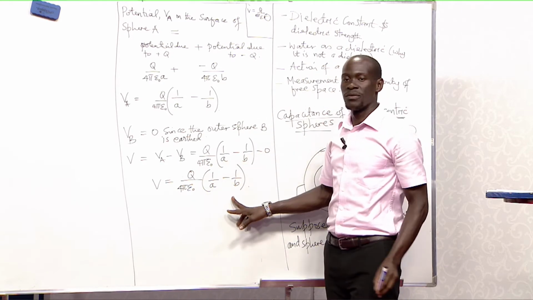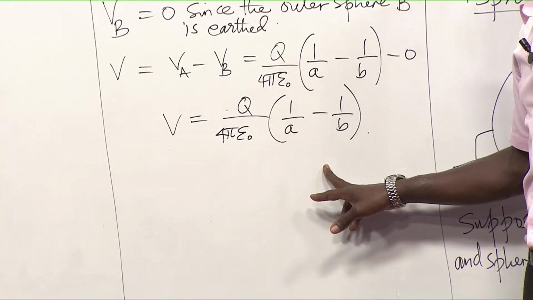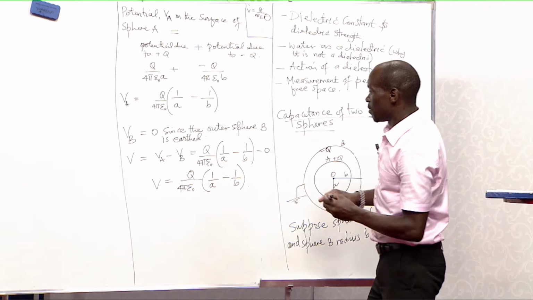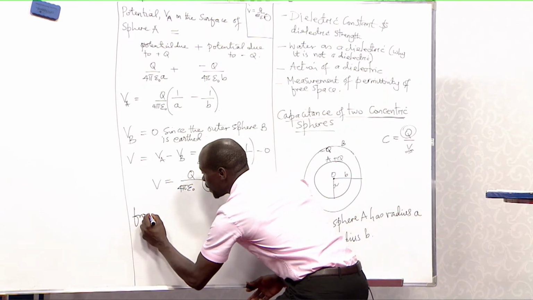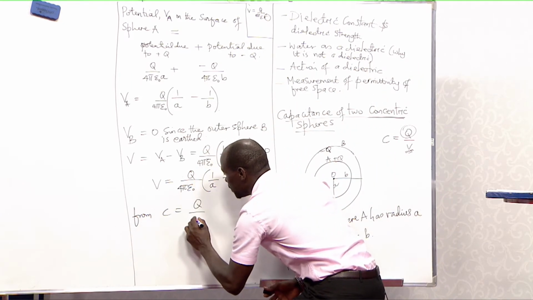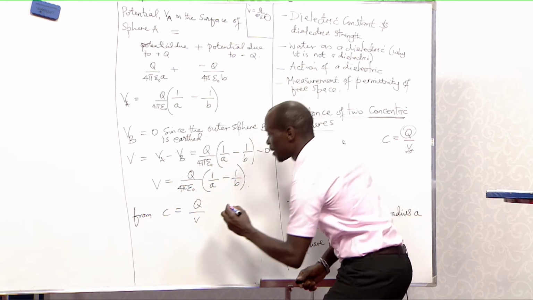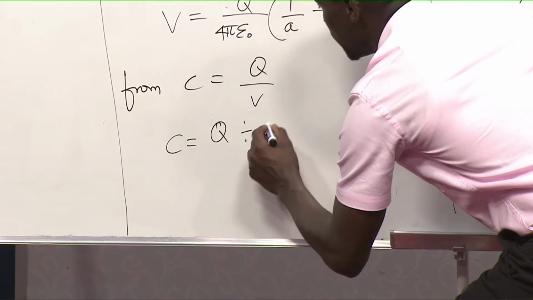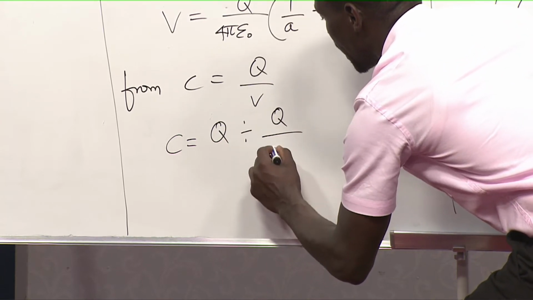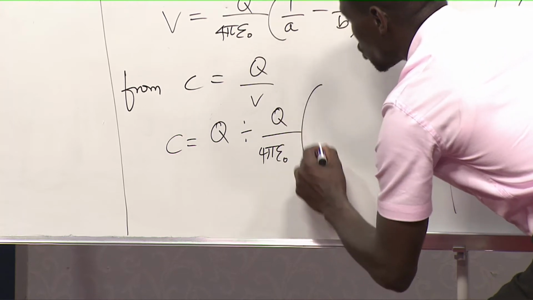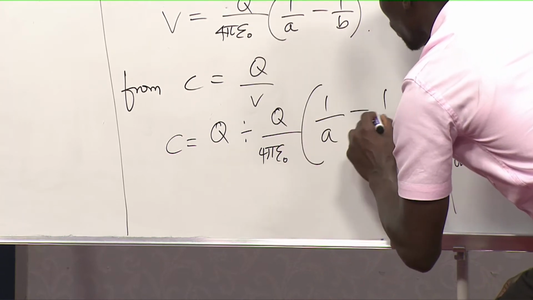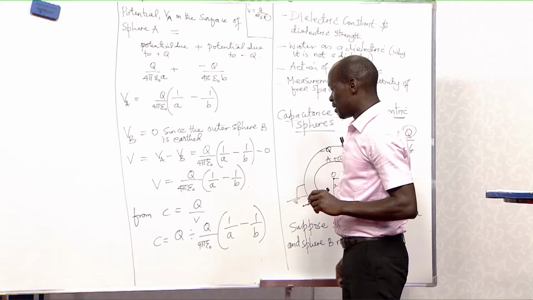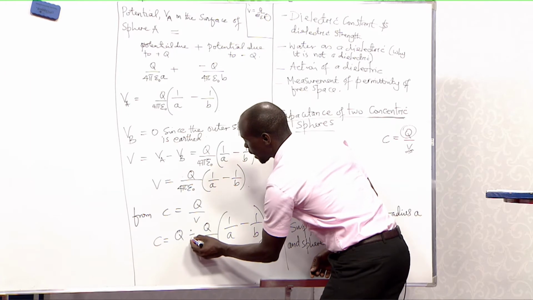So that is the potential difference. Now, after getting our potential difference, we can go ahead and find the capacitance from C equal to Q over V. Our V is this. We shall therefore have C is equal to our charge divided by Q over 4 pi epsilon naught into 1 over A minus 1 over B. When I play around with the mathematics here, what do we come up with?